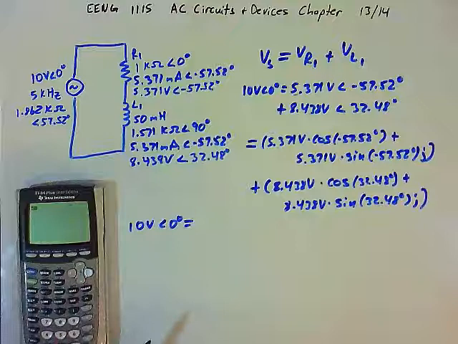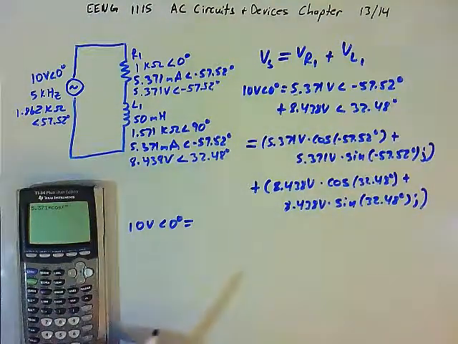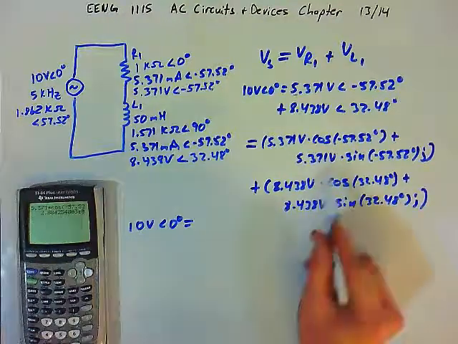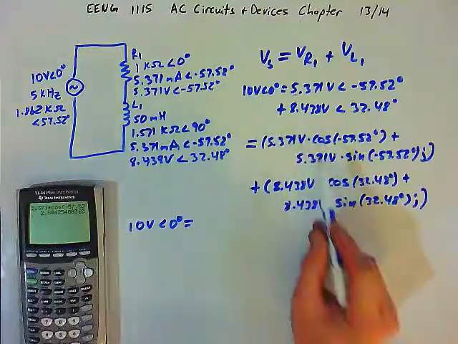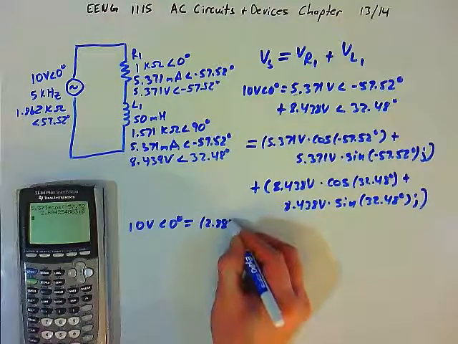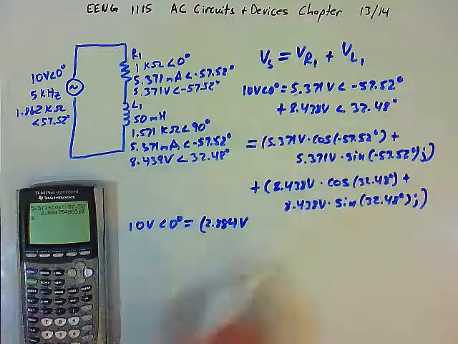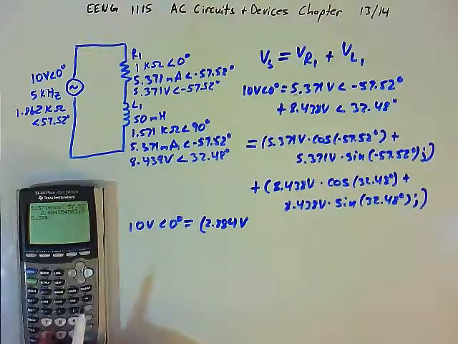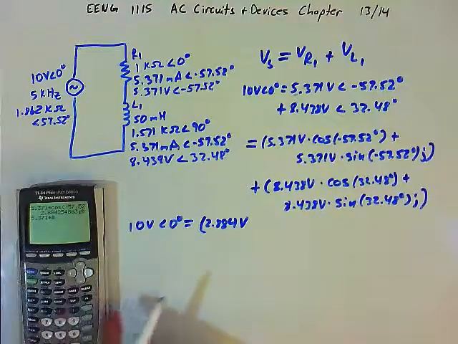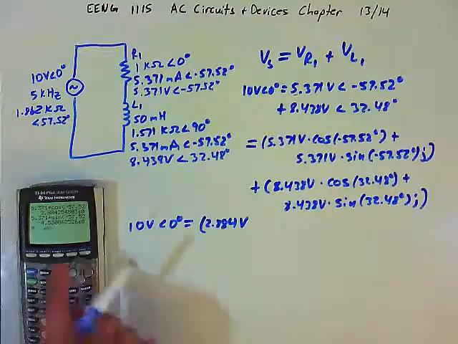We have 5.371 times the cosine of negative 57.52 degrees. The x component of this vector is 2.884 volts. The y component will be 5.371 times the sine of negative 57.52 degrees, and we get negative.